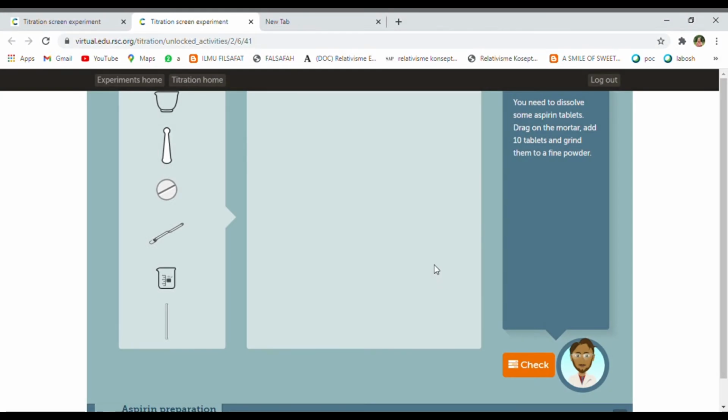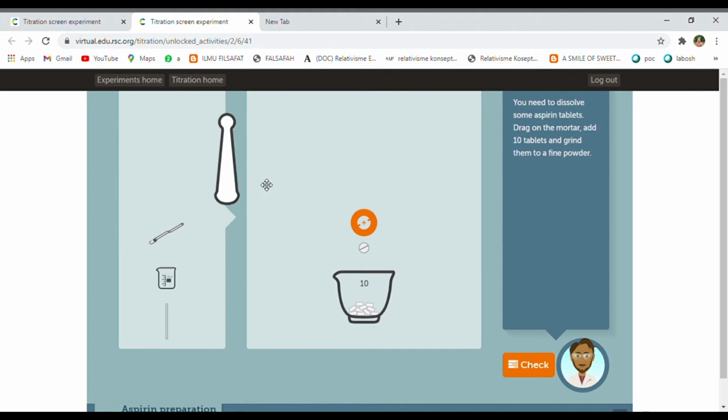Now we are in part A to prepare the aspirin solution. First, add 10 tablets of aspirin into the mortar. Grind them into a fine powder.